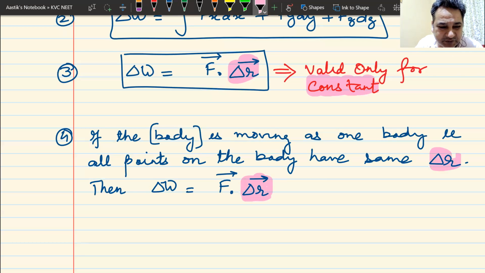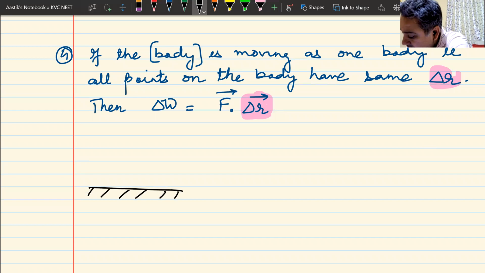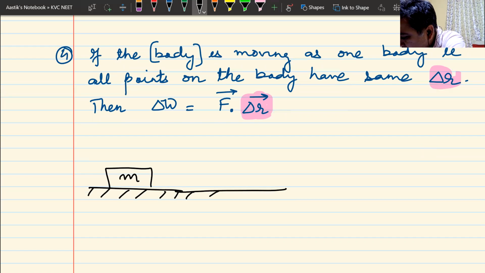Now you might say, sir, why are you trying to confuse us? I'm not confusing you, because I want to bring up this point. What I mean to say is, up till now, what we have done is we had a body of mass m always. We applied a force F on the body, and we moved the body.